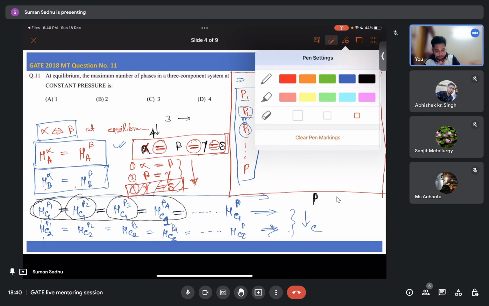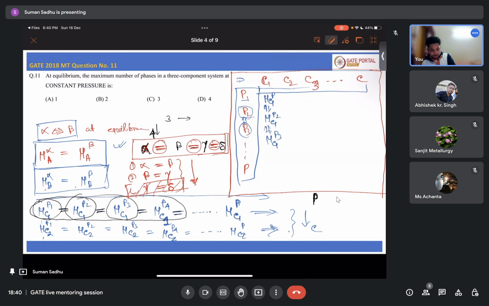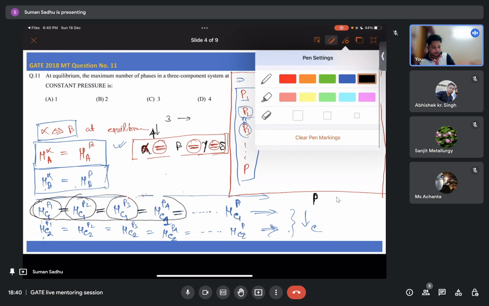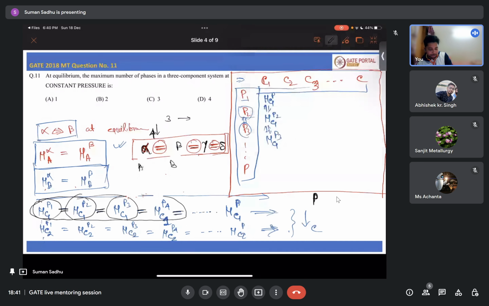So you only have to mention three, not four, because when you mention three equilibria, the fourth one is automatically considered, right? Similarly, as in the concept of number of components also I told, right? So you have components A, B, and C. If you mention the mole fraction of these two also, let's say mole fraction of A is 1 and mole fraction of B is 0.7.